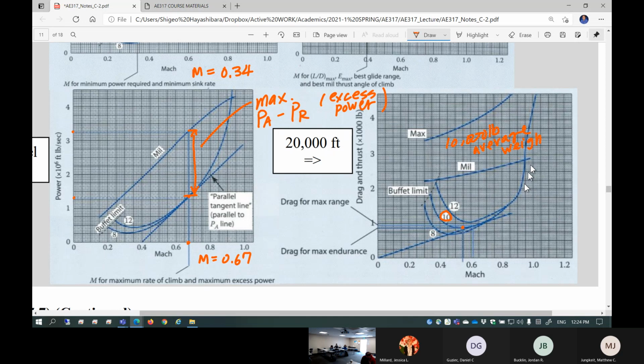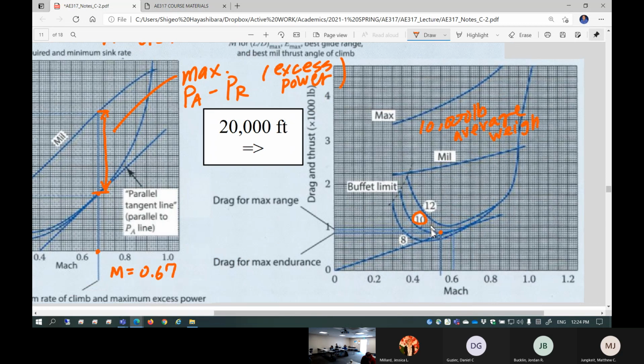That straight line touches the 10,000 pound curve, which is slightly higher, about here. So those two are different. This is endurance max. This is range max. The maximum range condition is always faster than the maximum endurance condition. Let's be careful, those two make a slight difference.